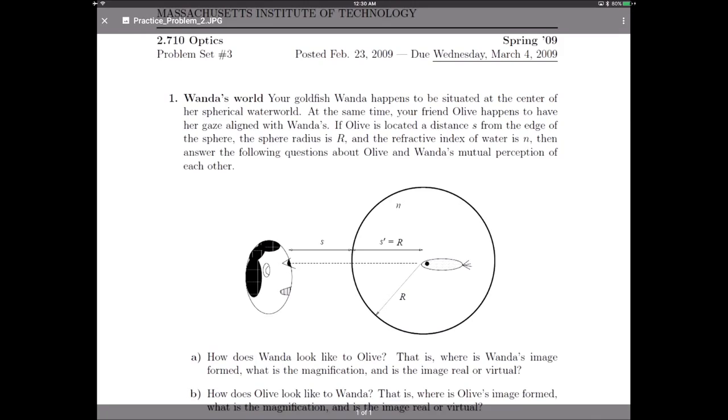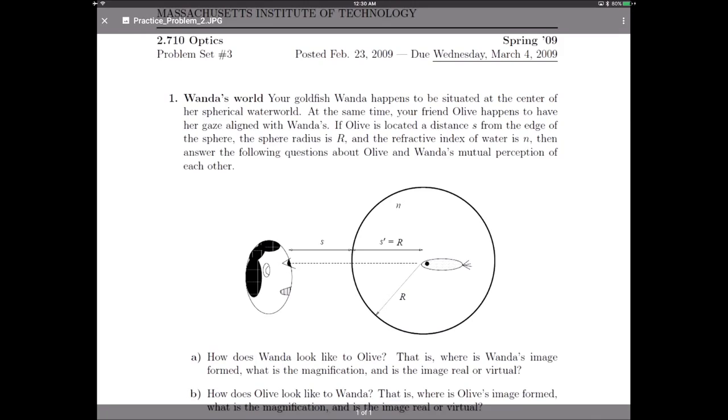So S prime equals R. And there's a person looking at the fish, located outside the sphere at a distance of S. The first part asks us where the image of the fish is formed, what the magnification is, and whether the image is real or virtual.